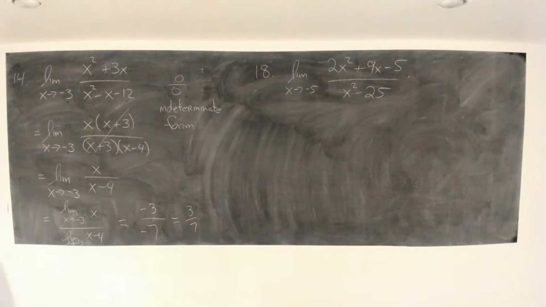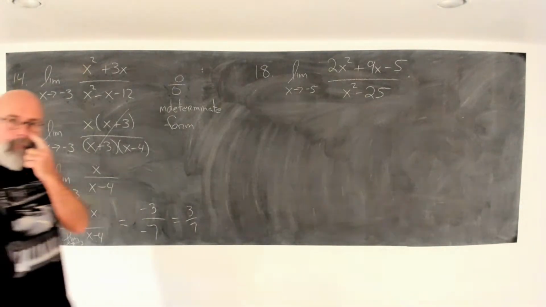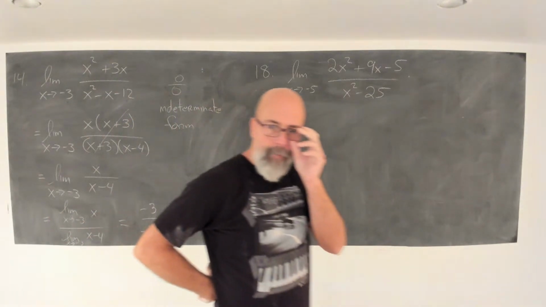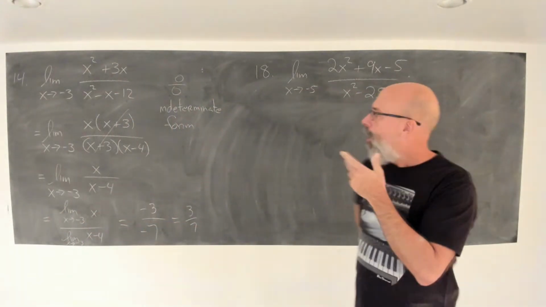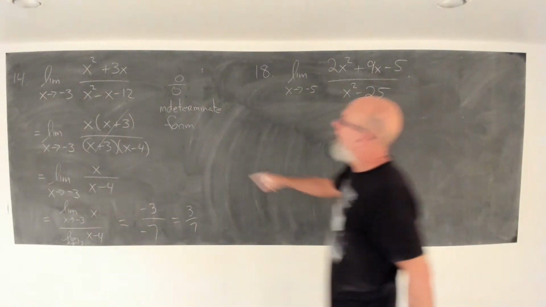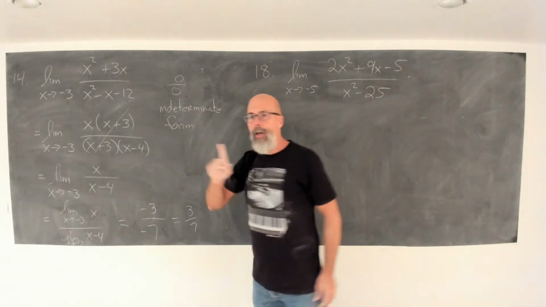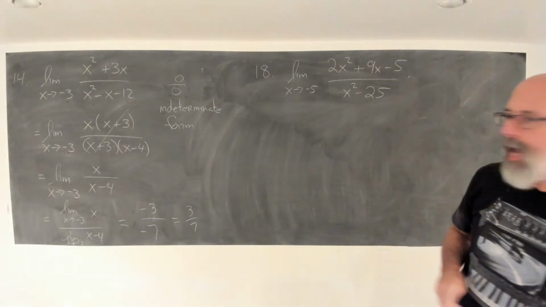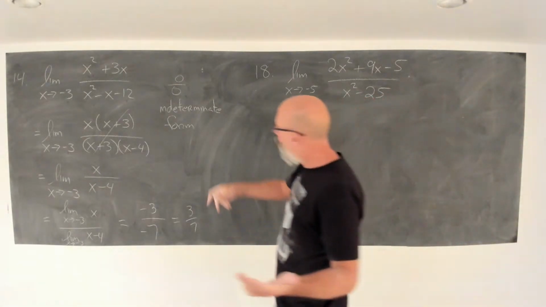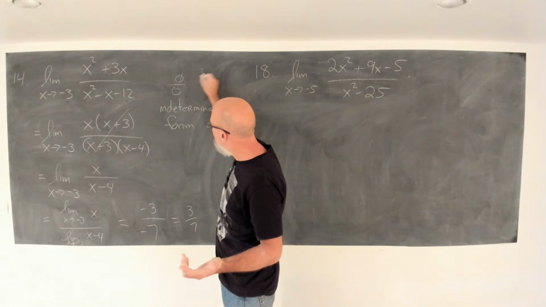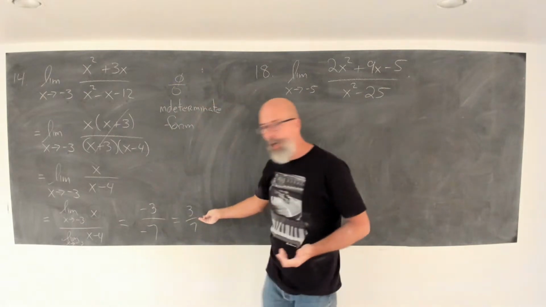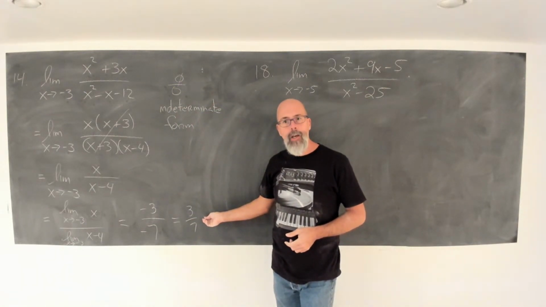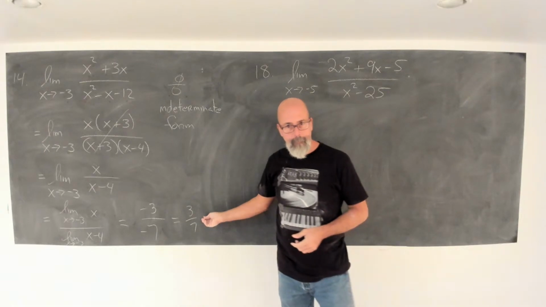Why do we have to go through all the intermediate form if we end up with an answer in the end? I'm just saying that if you have a 0 over 0, anything can happen. Some of you may want to cancel the 0 over 0 and say the answer is 1, but you see what happened. In the end, the answer was 3 over 7.